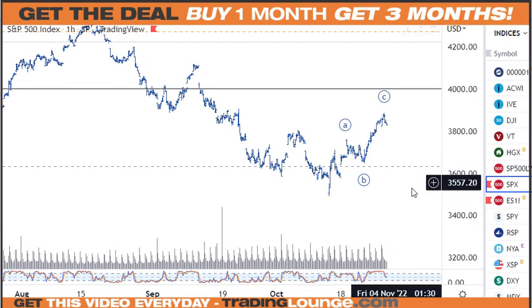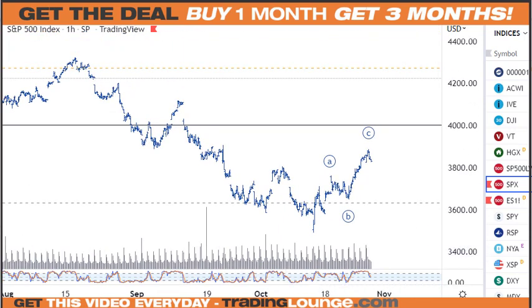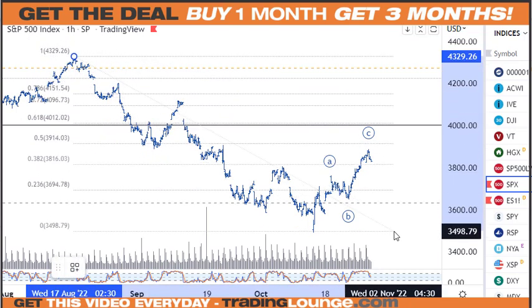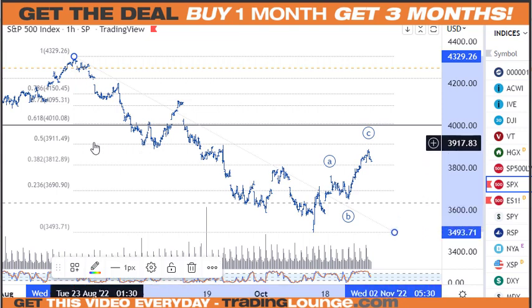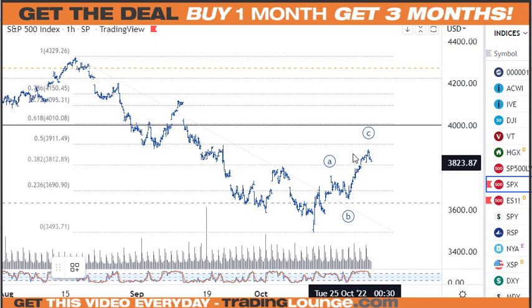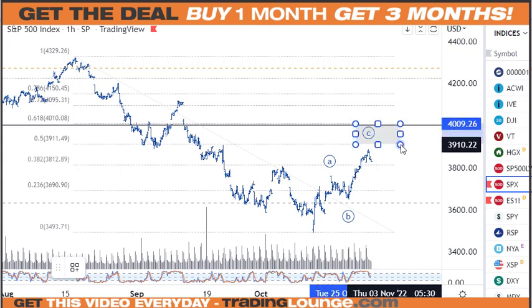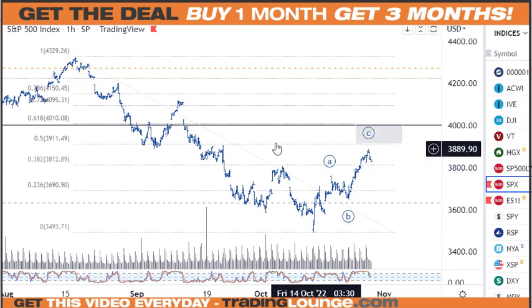Doesn't really get us up into our 50 and 60% retracement level area up here into the 4,000. But sometimes we just don't get what we want, so we just got to be a little bit cautious. So this is one way to count it.